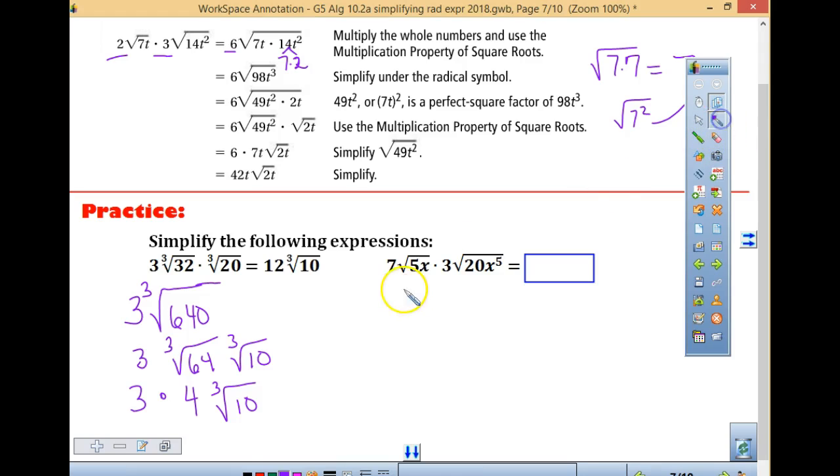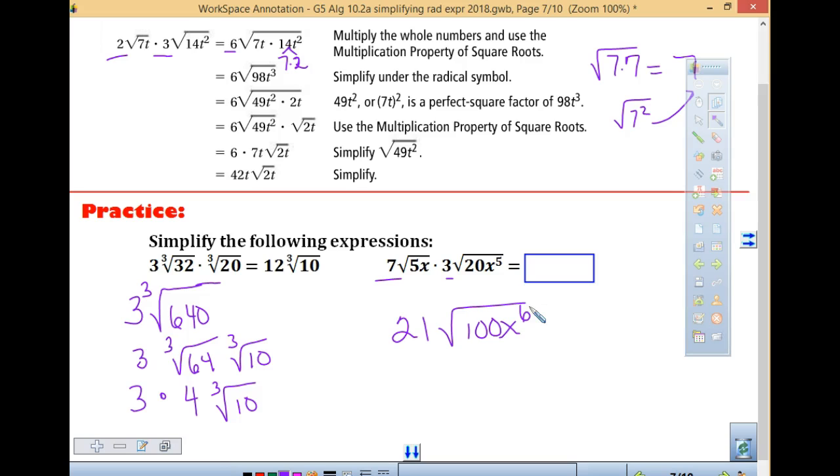So as we look at this next one, we're going to start multiplying out in front. So as we multiply, the 7 times 3 gives us 21. 20 times 5 gives us 100, right? X to the first and x to the fifth, x to the sixth.